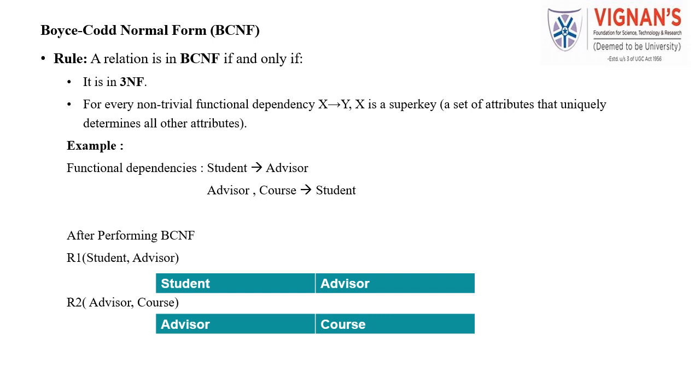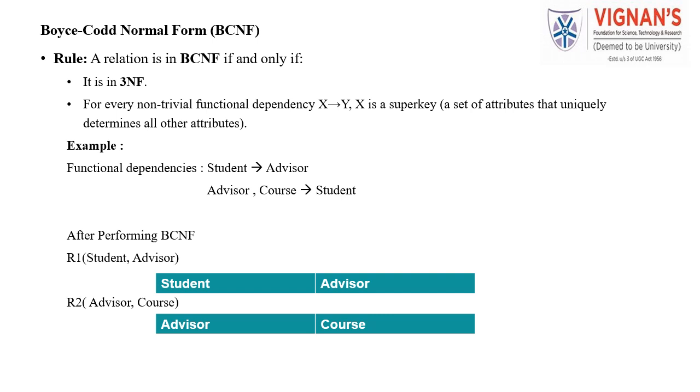To convert the relation into BCNF, we decompose it into two tables. Table R1: student, advisor. This table stores which advisor is assigned to each student. Here, student is a superkey. Table R2: advisor, course.